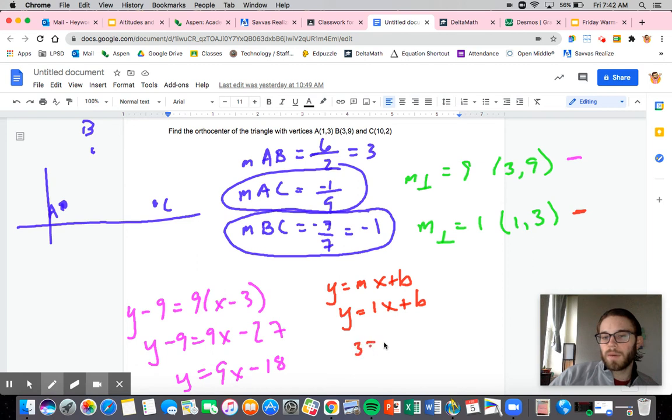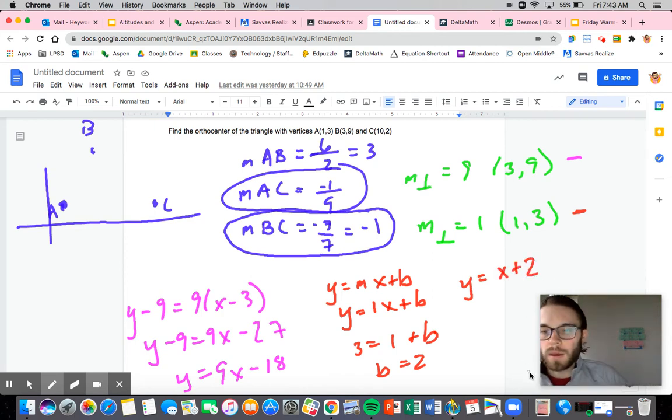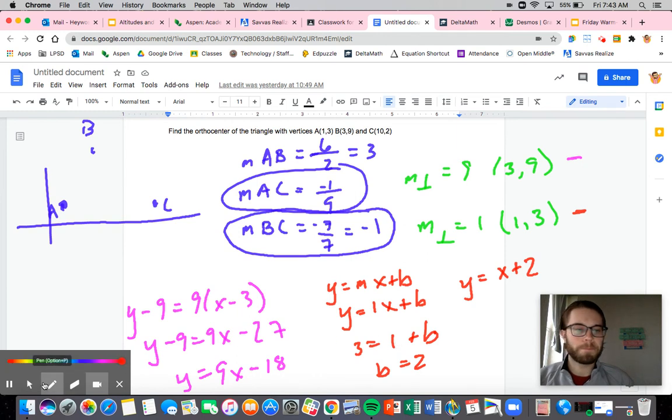So 3 equals 1 plus b, so b equals 2, and you get the line y equals x plus 2. I don't care which method you use, either of them works. This one I think is a little less plugging back in, personally, but I know you have a lot more experience with the other form.